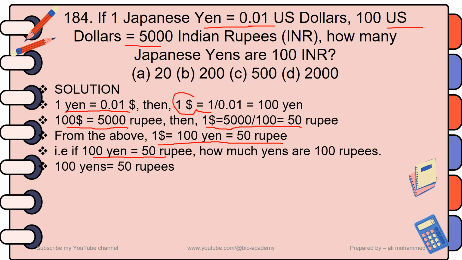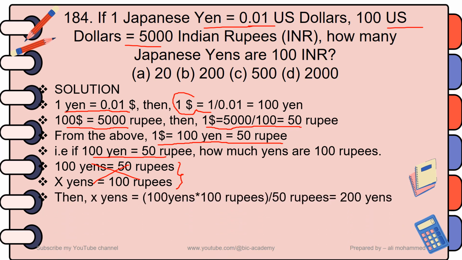Then 100 yens means 50 rupees. Then how many yens are 100 rupees? Okay, you can crisscross this one and find the amount of yens which are equal to 100 rupees.